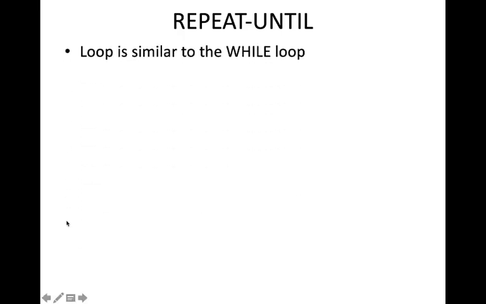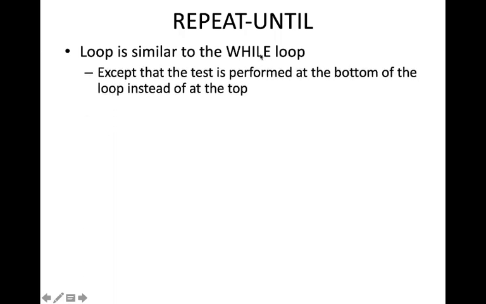Then there is another looping statement called repeat until. It is similar to the while loop, except that the test is performed at the bottom of the loop instead of at the top. In the case of while, we test the condition initially itself, but in the case of repeat until, we test the condition at the end.